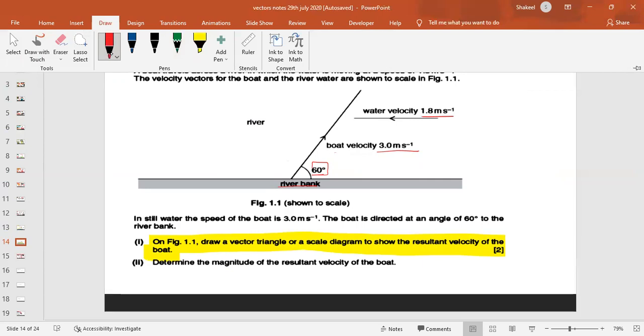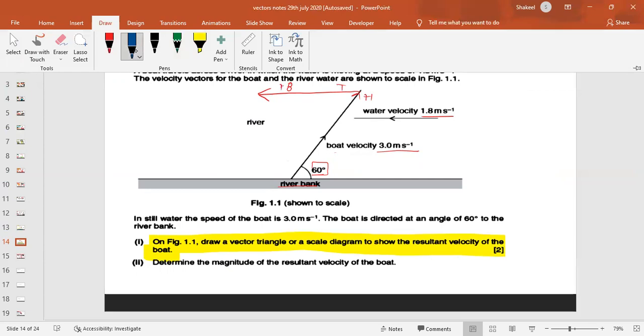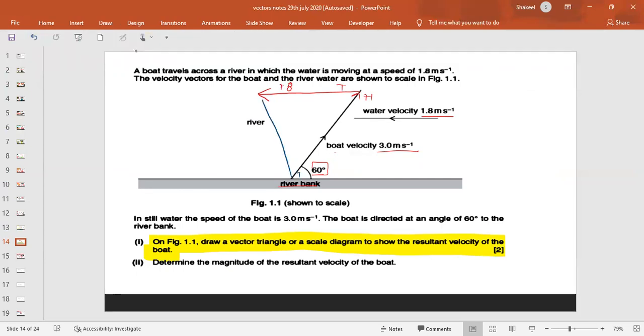So we'll say that the boat velocity is this, and then simply arrange the tail of water with the head of the boat, right? So this is 1.8, and then the resultant velocity is from tail of first to head of last. So that is the resultant velocity.